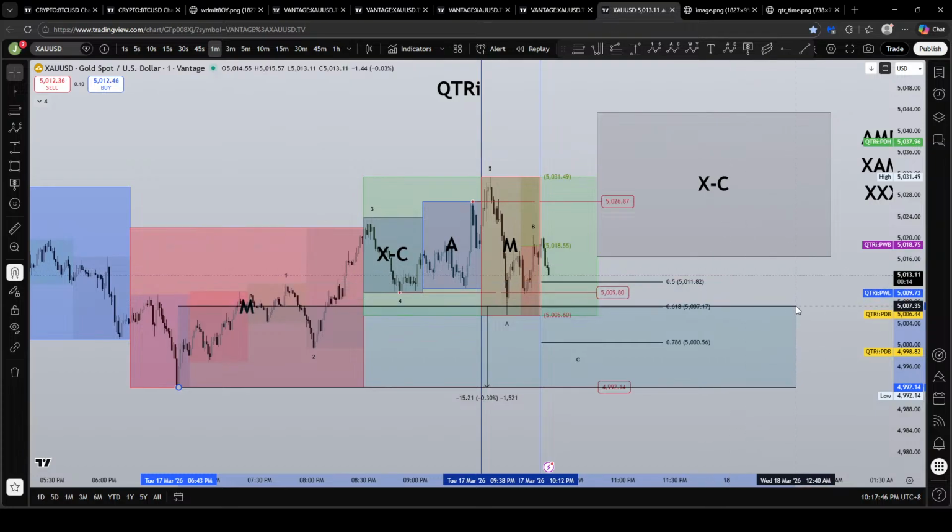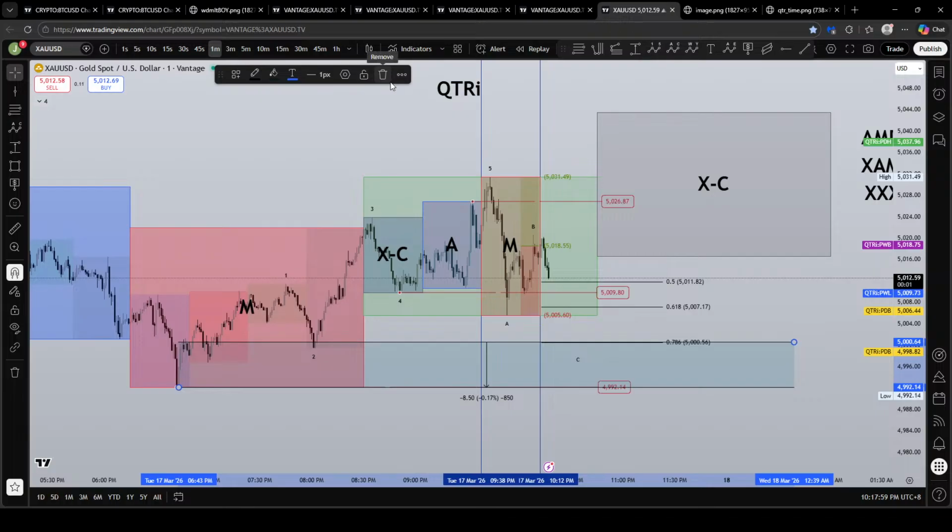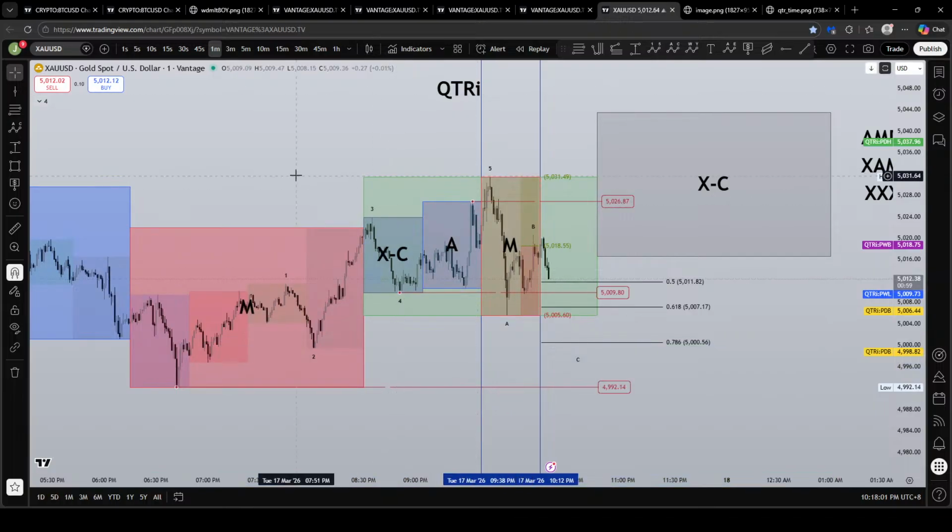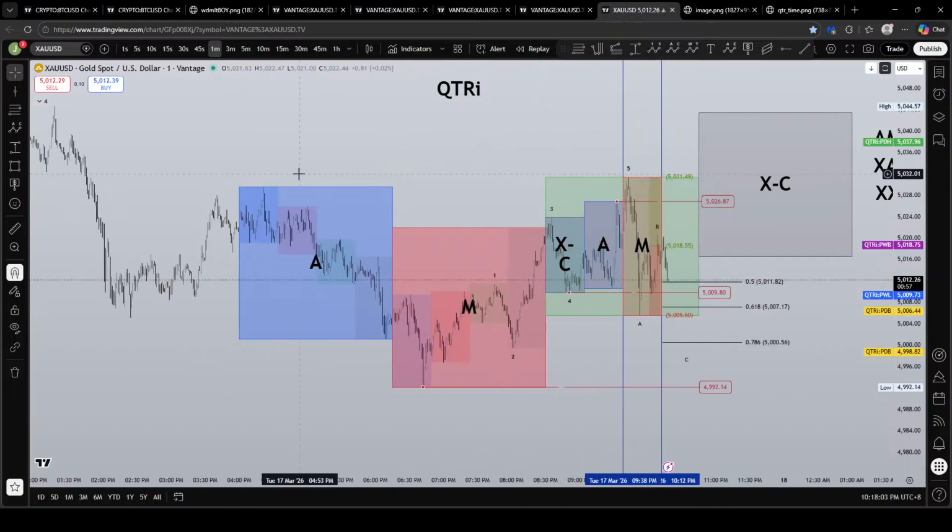And if you use the 61.8, that would be 15. If you use 78.6 as your entry, that would be 8.31.